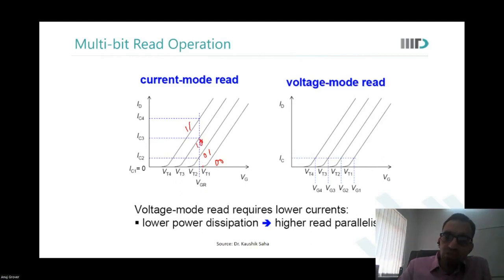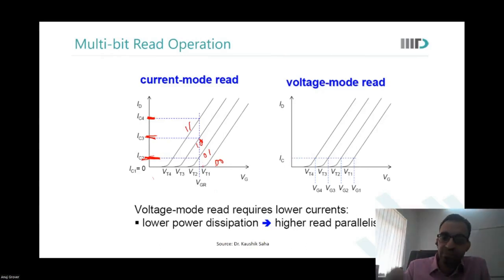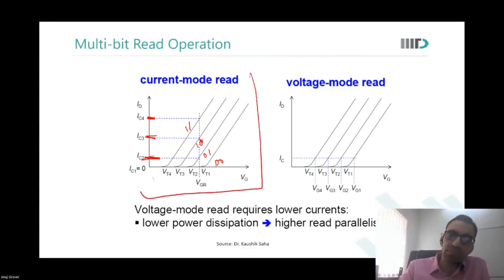So current consumed by 0,0 is obviously 0. 0,1 is equal to IC2. 1,0 is equal to IC3, and 1,1 is equal to IC4. If you can identify what is the current that is being sunk into the memory cell, you can tell what data you are storing, what 2 bits you are storing in your memory cell. Is this part clear?